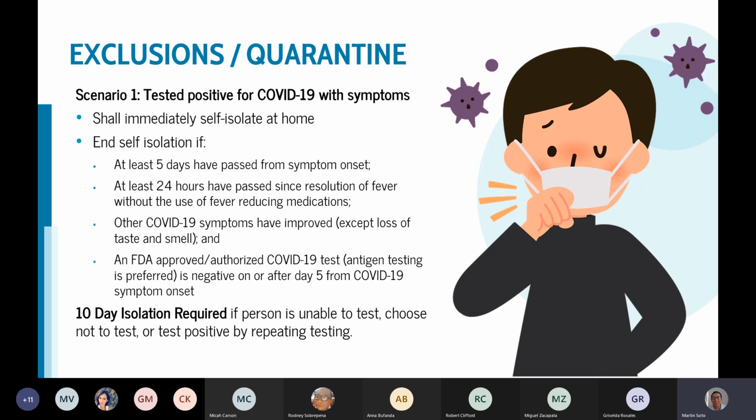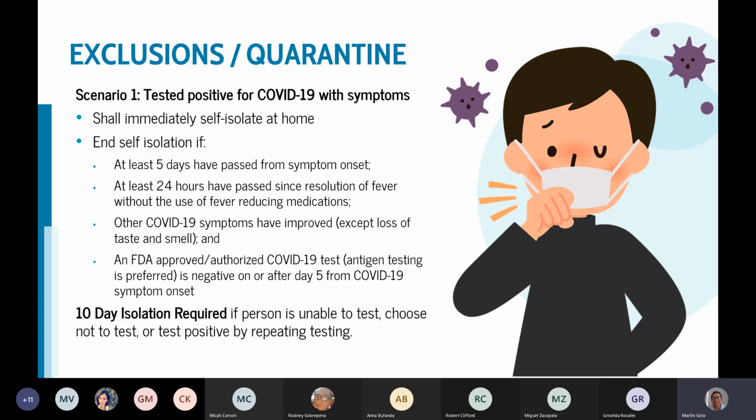And other COVID-19 symptoms have improved, with the exception of loss of taste and smell, because those two can take longer than 5 to 10 days to come back. That means you're no longer coughing, you no longer have chills, you're no longer sneezing, you no longer have diarrhea if you had it, because those are bodily fluids coming out of you.